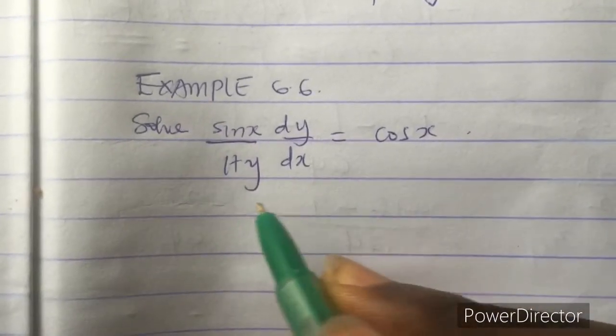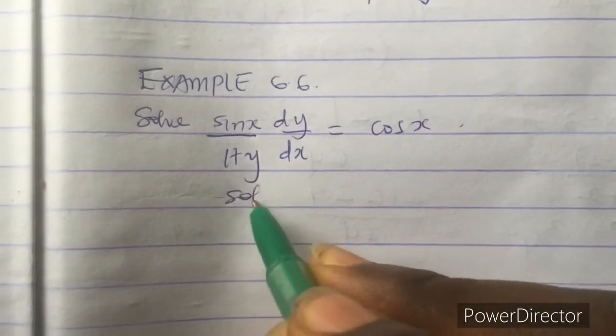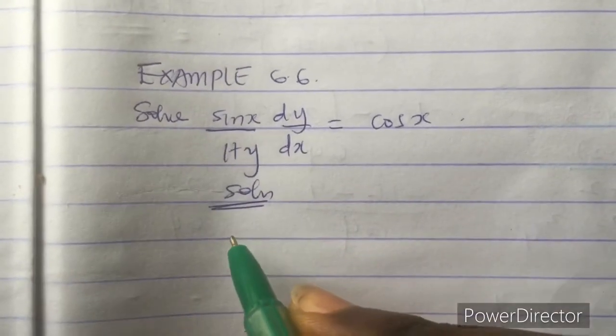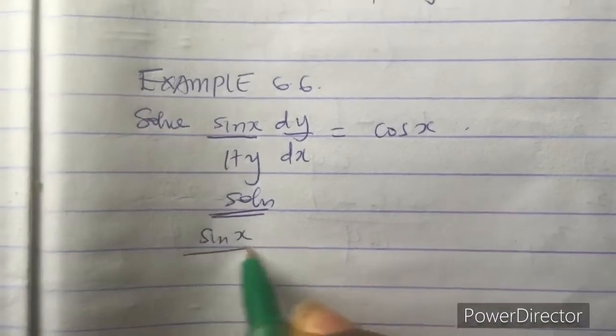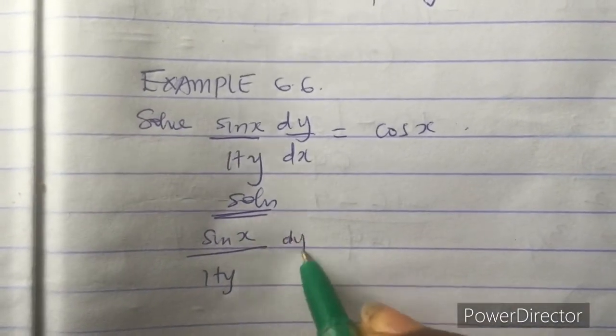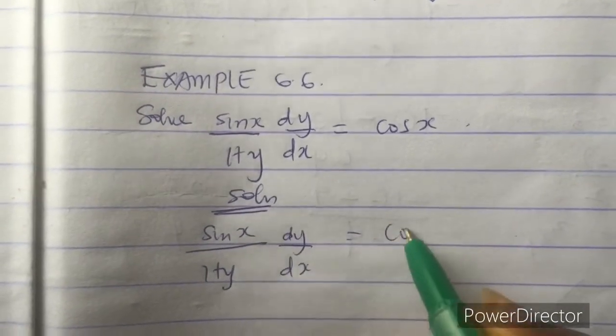Alright, so the best way to do this is just saying that we divide both sides by sine x.